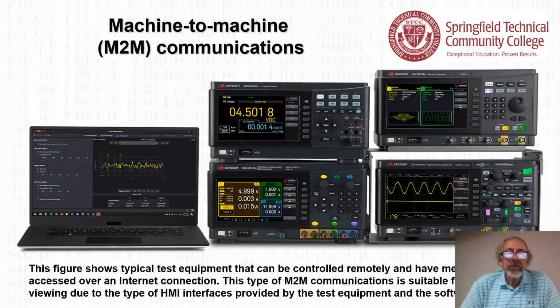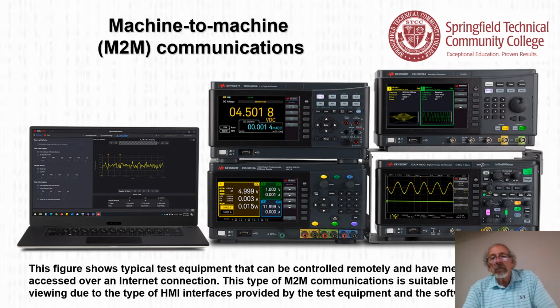So this little picture here shows machine-to-machine communications. It shows typical test equipment that can be controlled remotely and have measurement data accessed over the internet connection. This type of M-to-M communications is suitable for human viewing due to the type of HMI interfaces provided by the test equipment and the software used.